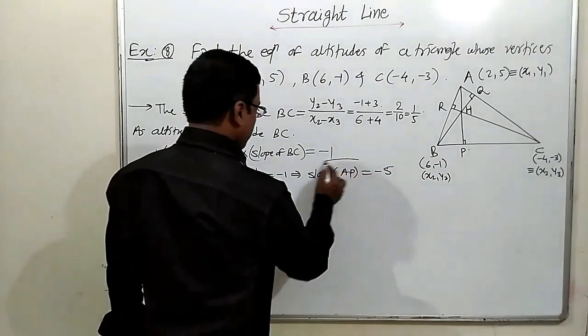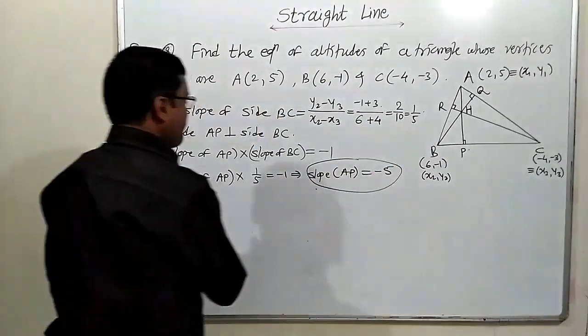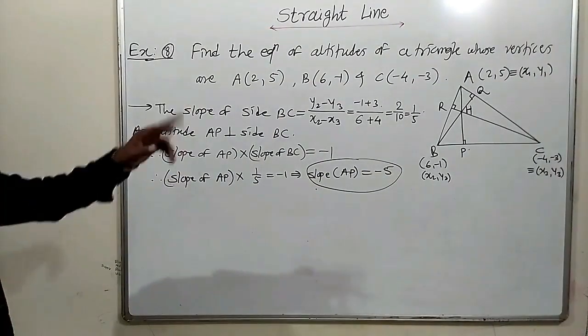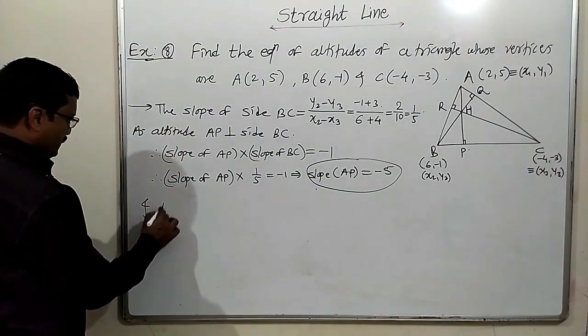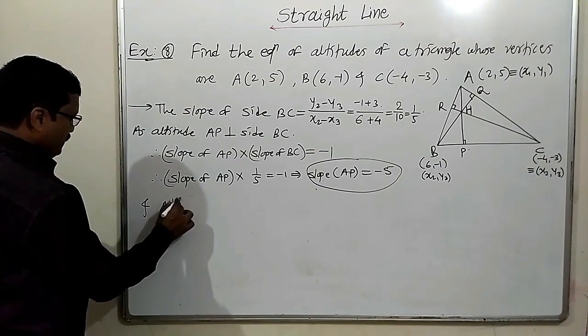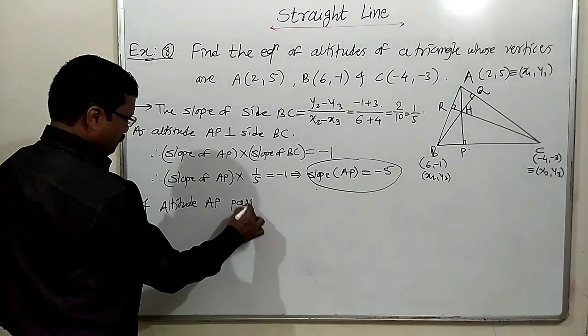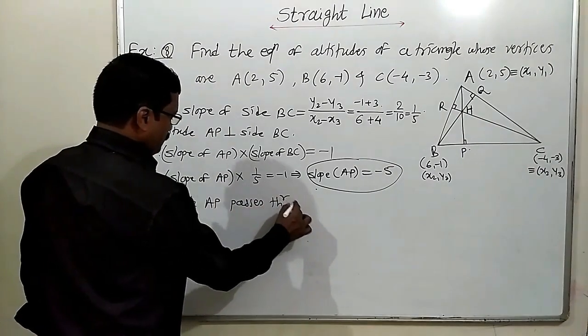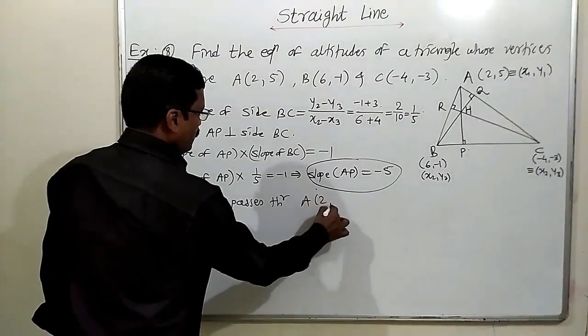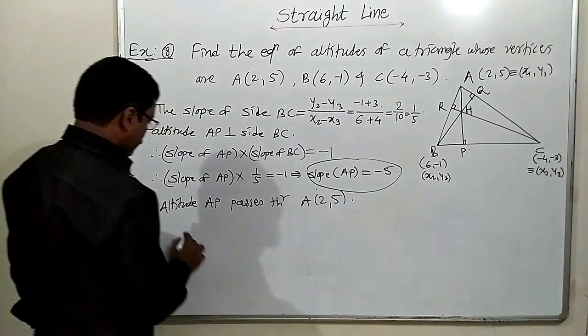So this is the slope of AP, and altitude AP passes through point A, which is (2, 5).